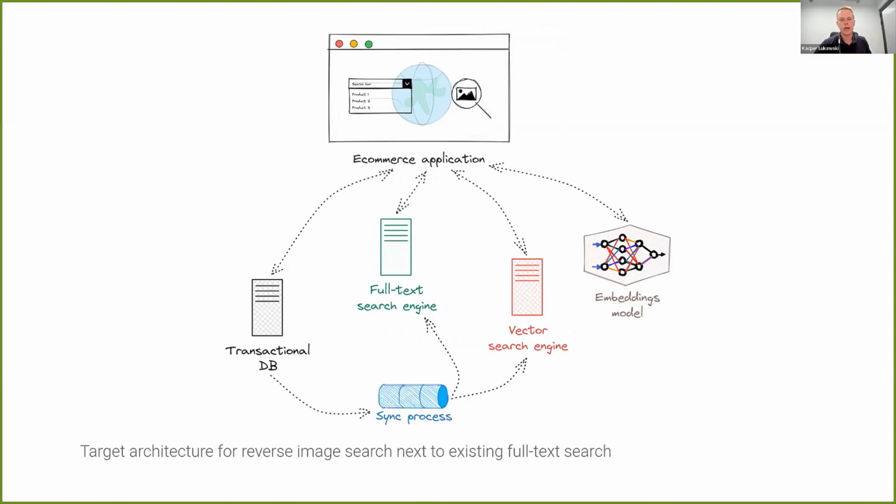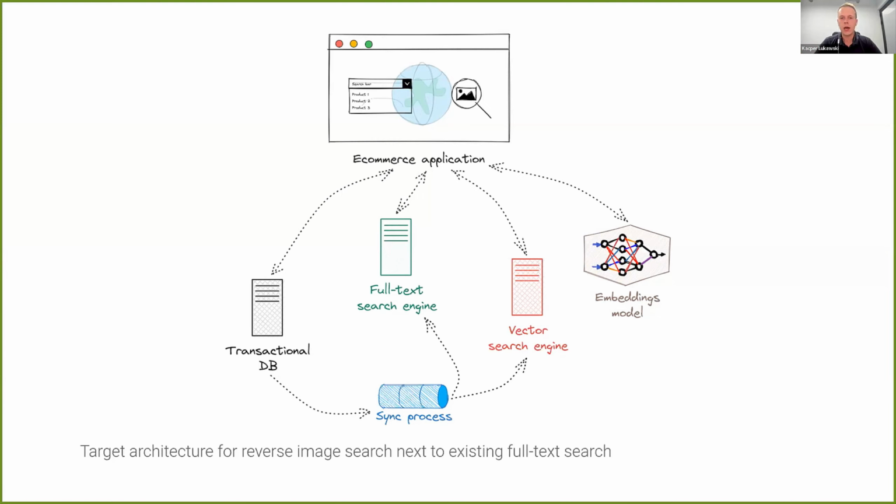If you sell, I don't know, a few hundred items, then you may not require this sort of vector search engine, and you might be fine writing a custom library that will be performing nearest neighbors using a full scan approach.